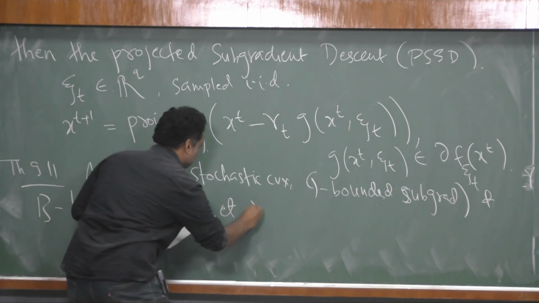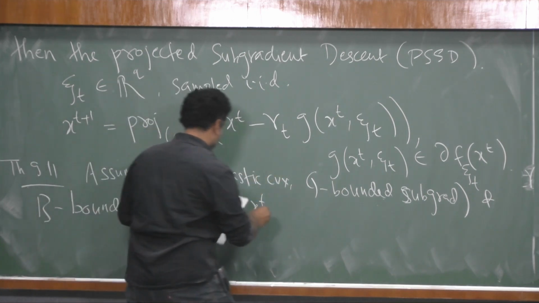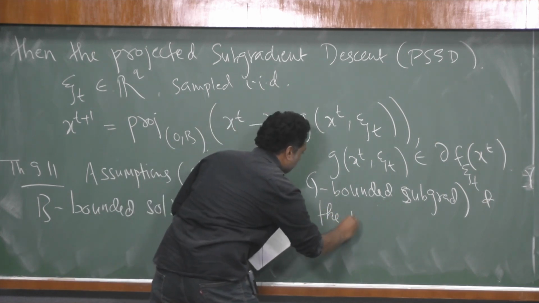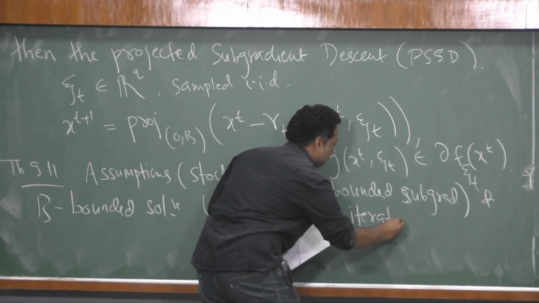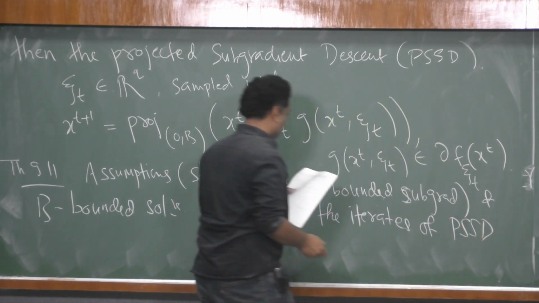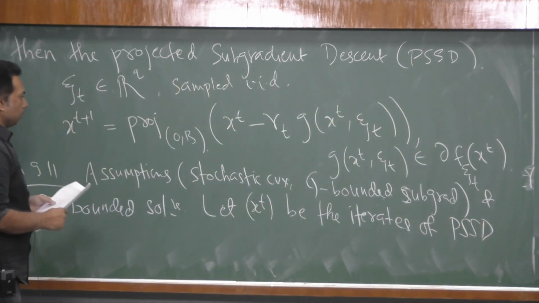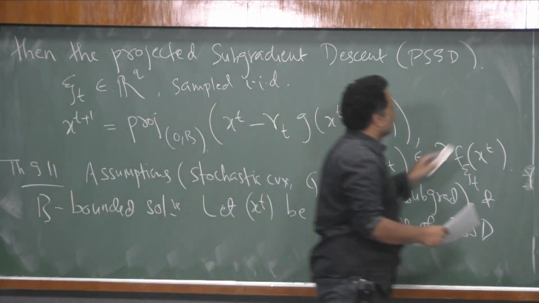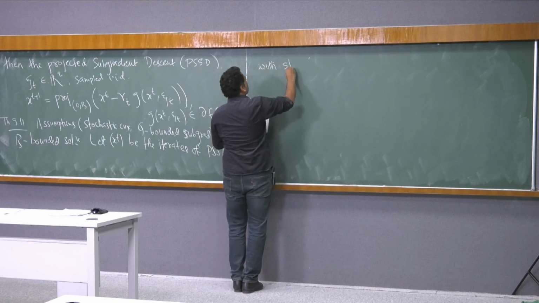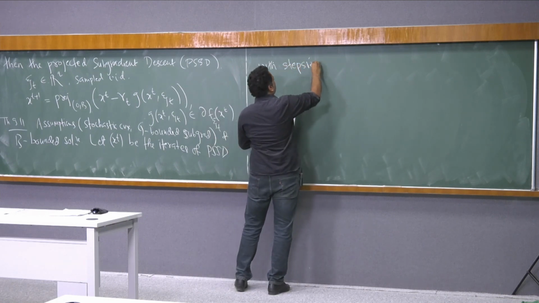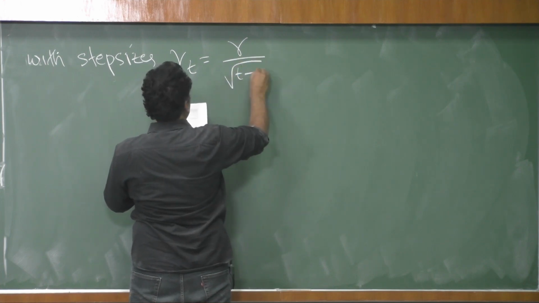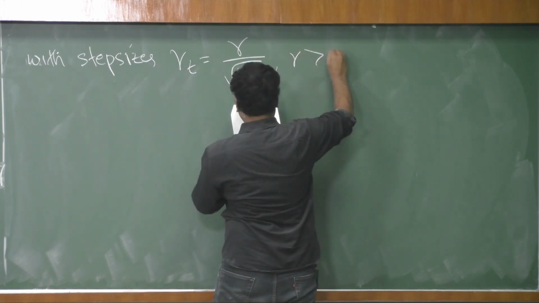Let xt, yeah, we are just writing the same similar stuff. It's just an independent theorem here. So xt be the iterates of PSSD, and in this case we will choose a step length which is decreasing. So let us see that with step sizes gamma t, which is gamma by square root of t plus 1, and gamma greater than 0.